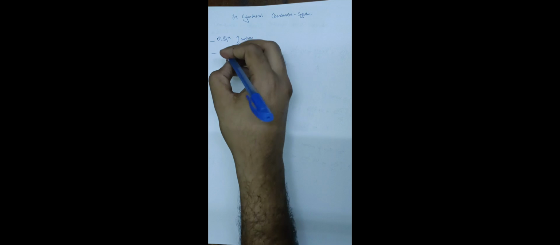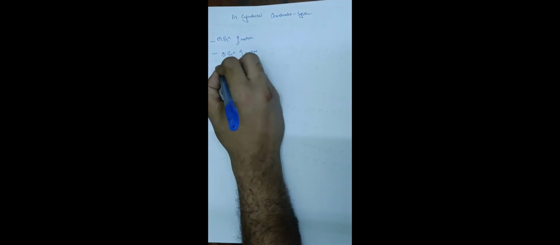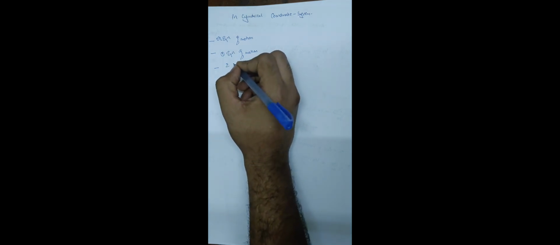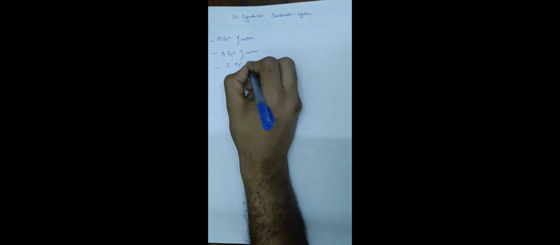So in cylindrical coordinates we have three types: the r equation of motion, the theta equation of motion, and the z equation of motion. So let's see the r equation of motion.